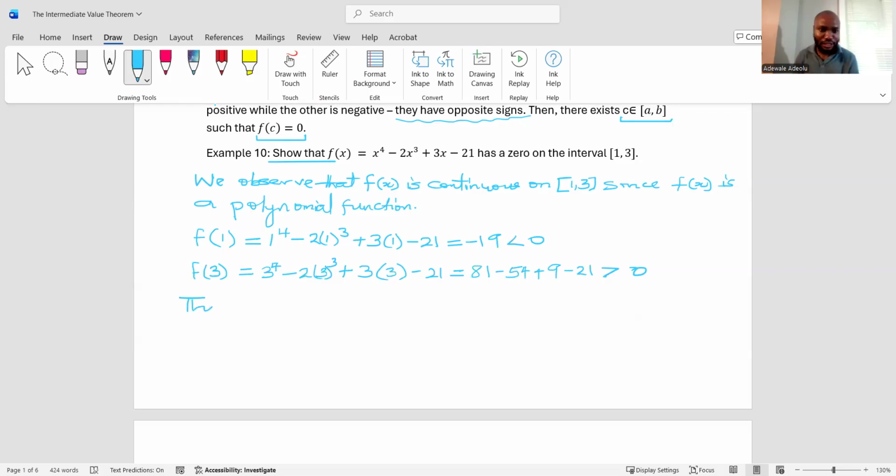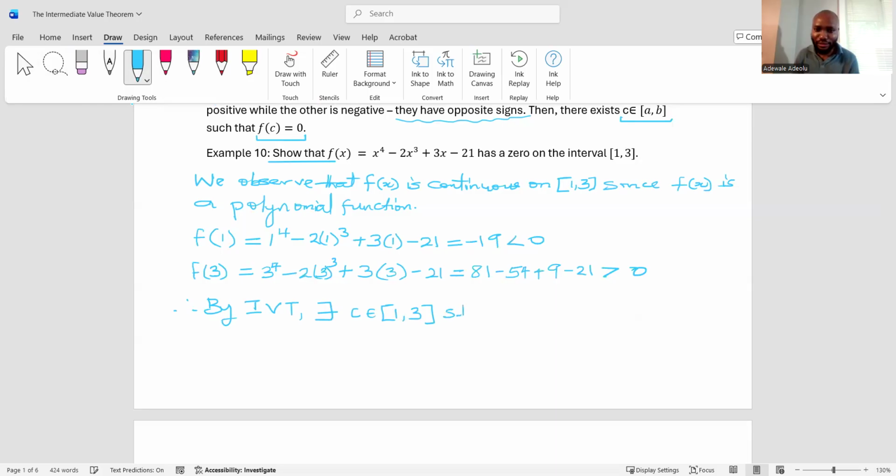Then, I can say, let me write it very well. Therefore, by the intermediate value theorem, there exists c between 1 and 3, right?